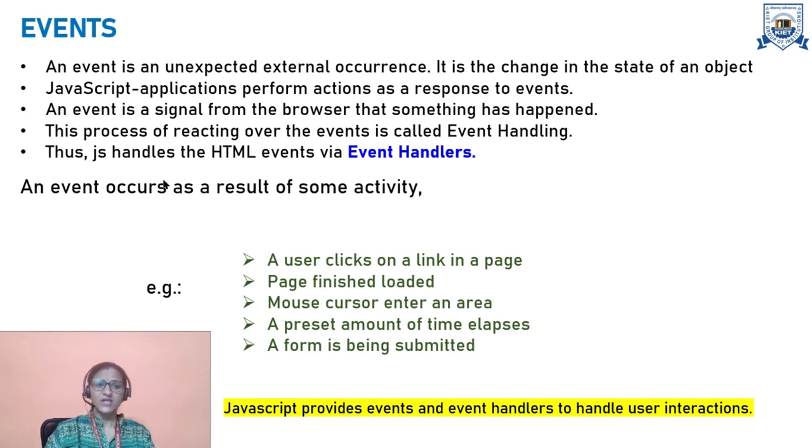Thus, JavaScript handles the HTML events via event handlers. An event occurs as a result of some activity. What are those activities? For example, when a user clicks on a link in a page, what happens? The reference associated with that link gets opened.